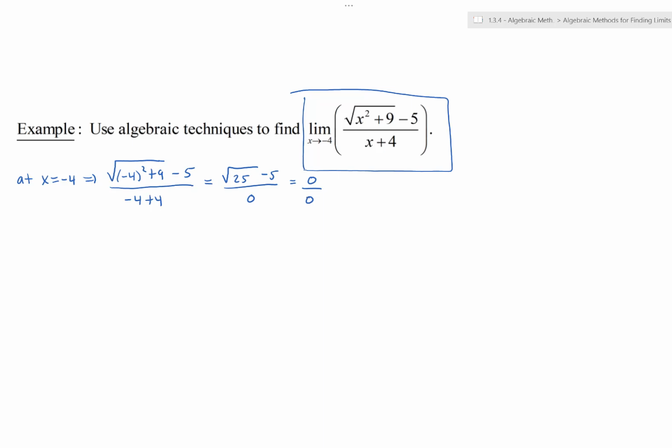Now, unlike the previous example, we do not have a rational function here, so we can't just simply try to factor the ratio of the polynomials. Instead, we have combinations, right? Like I said, we have a square root function. Inside the square root is a quadratic, and then this constant on the outside in the numerator, and then there's that linear function in the denominator. So we think, what kind of algebraic techniques might help here?